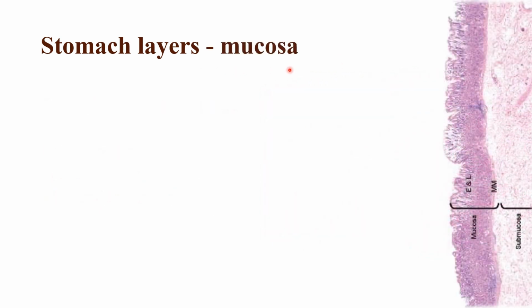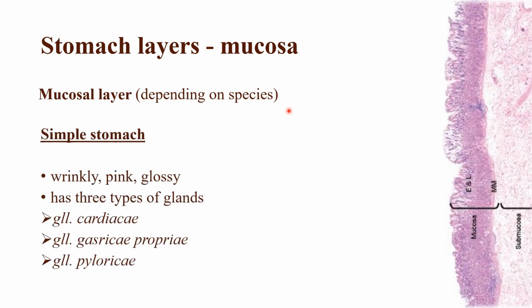Now some more information about the mucosa, so the inner layer of the stomach. It does depend on the species, as I said at the beginning of this lecture. So the simple stomach has one simple layer of mucosa. It's not divided into two parts.